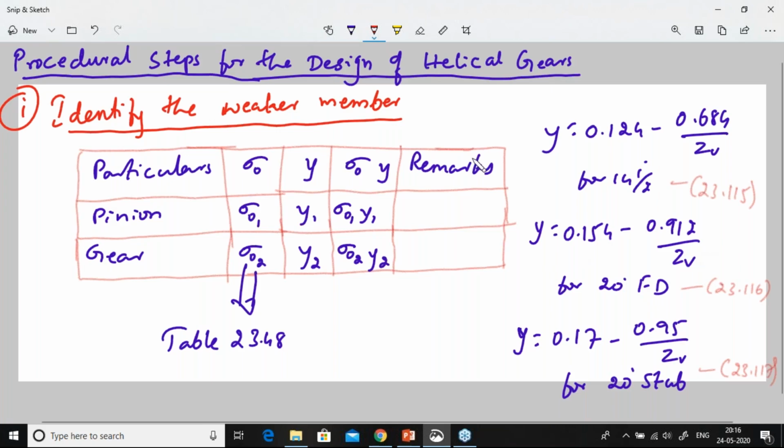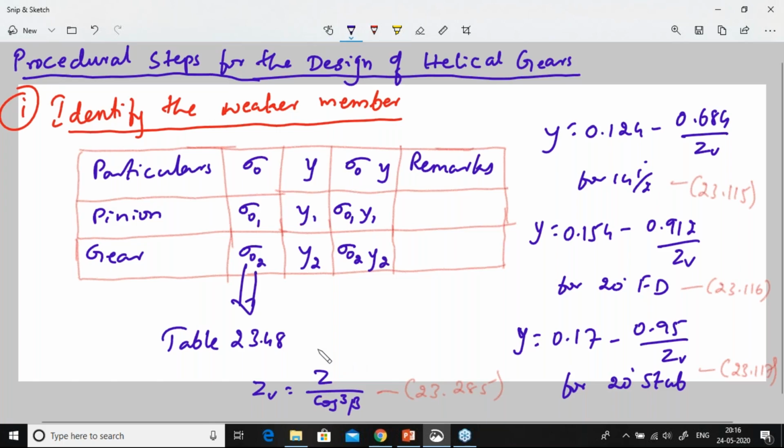Here ZV is called the virtual number of teeth that can be calculated with the help of Z divided by cos cube beta. Equation number 23.285. Beta is the helix angle. Z is the actual number of teeth.